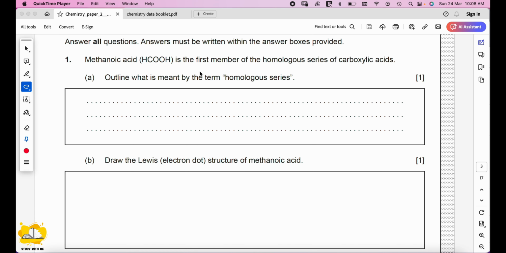Okay, for question number 1, methanoic acid is the first member of the homologous series of carboxylic acids. Methanoic acid contains OH, so it's a carboxylic acid. So the term homologous series means they have the same functional group or the same general formula.